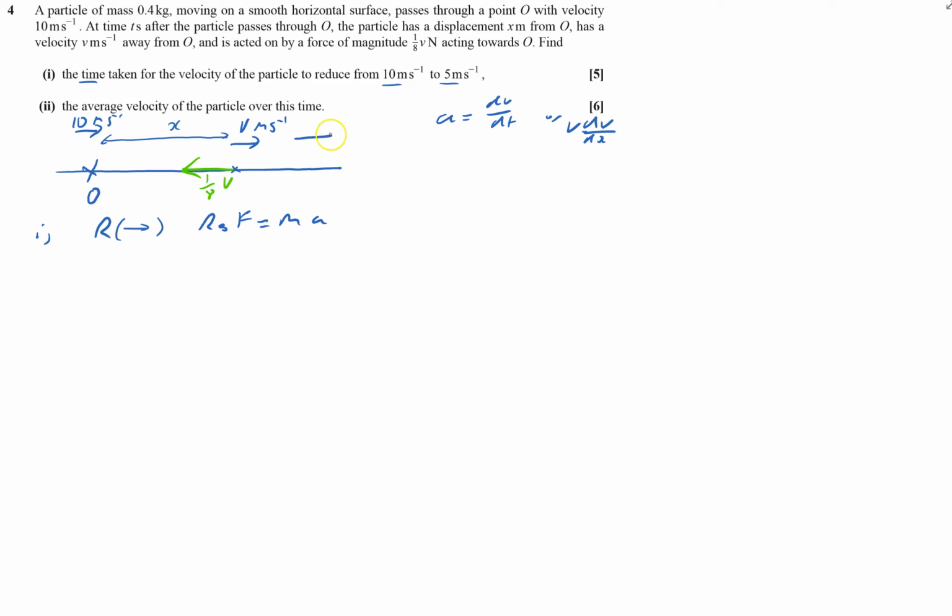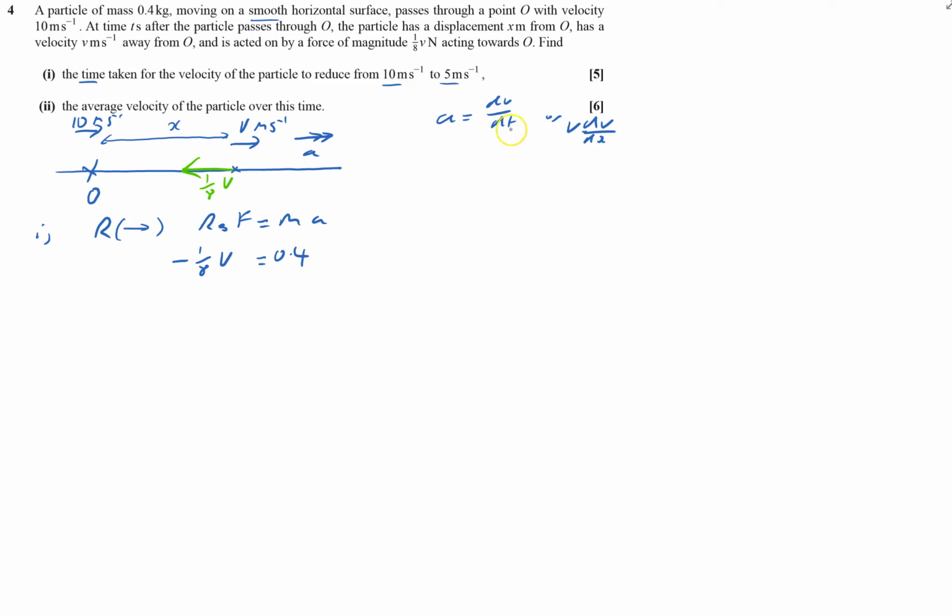I'm taking that way to be positive because I've got my v and it's 10. If I want to go the other way, I'd have to be minus 10 and minus v. So resultant force is going to be minus 1/8 of v. There's no other force because it's a smooth horizontal table, equals the mass, which is 0.4.